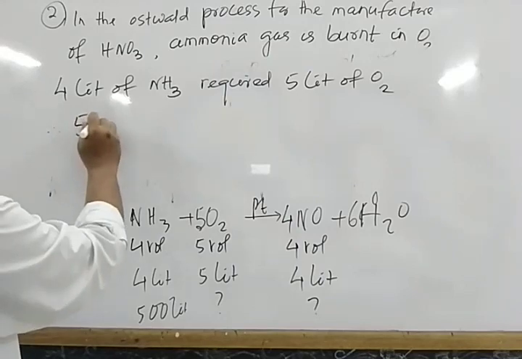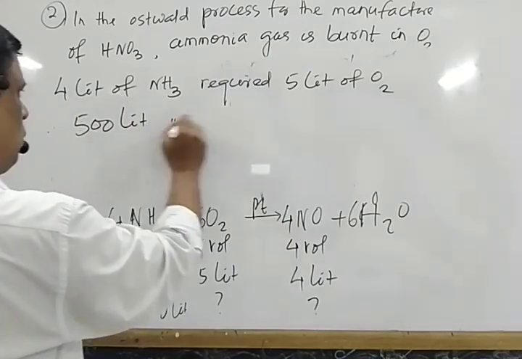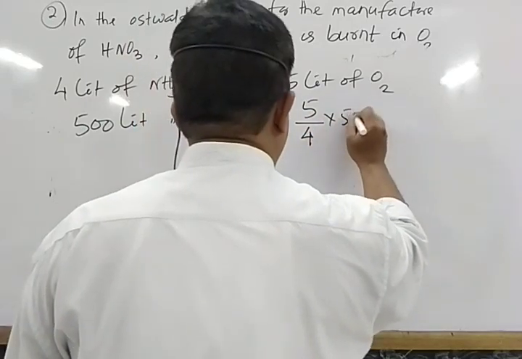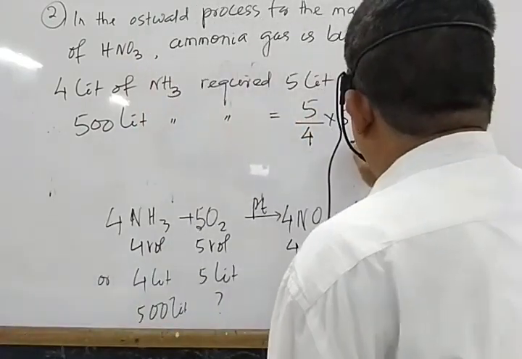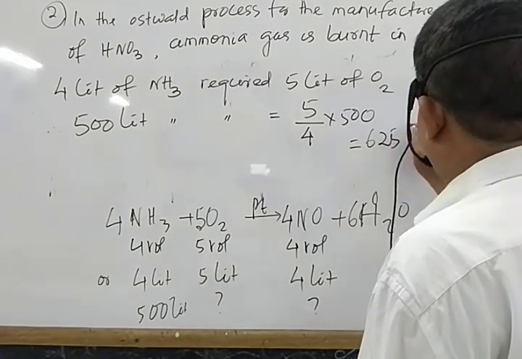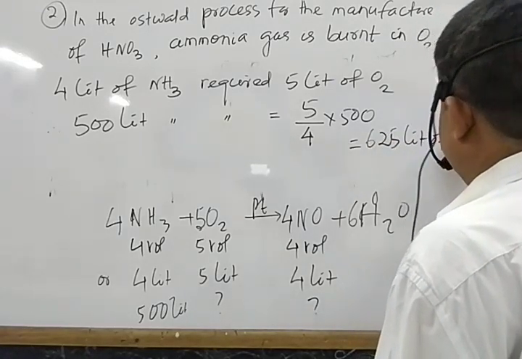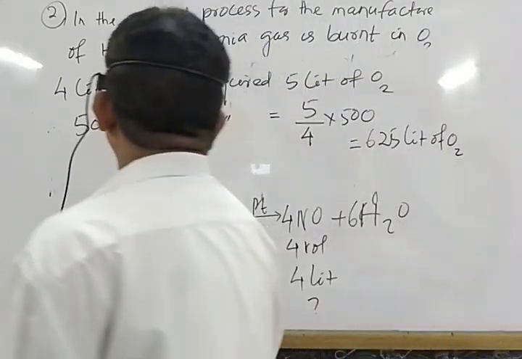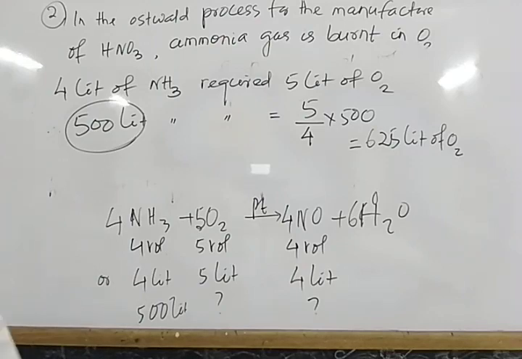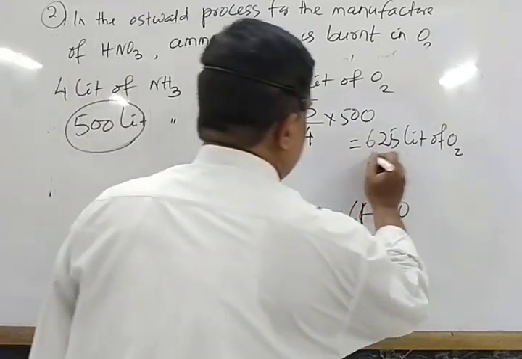Therefore, 500 liter of ammonia requires 5 by 4 into 500. On solving this, it is equal to 625 liter of oxygen. That means for the combustion of 500 liter of ammonia, the volume of oxygen required is 625 liter.